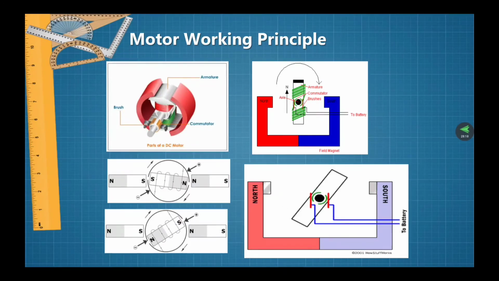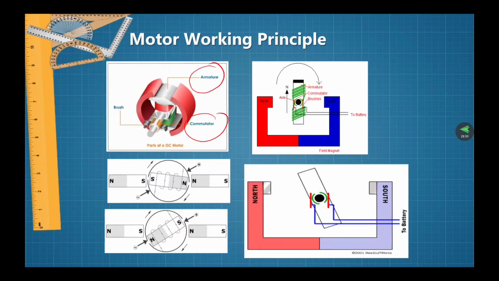They have the armature. The armature consists of armature coils, the commutator, and brushes. The commutator is used to convert the AC induced in the armature into DC, and the brushes transfer the current from the rotating part of the motor to the stationary external load.